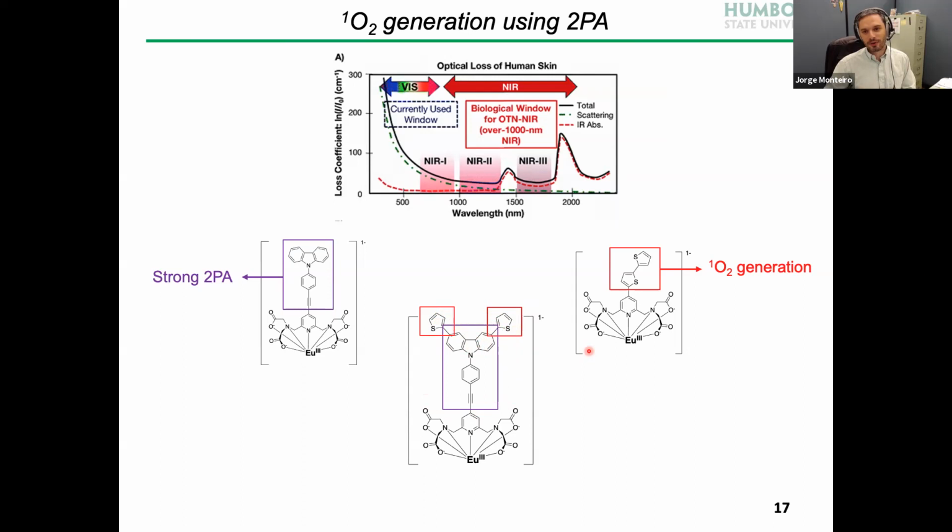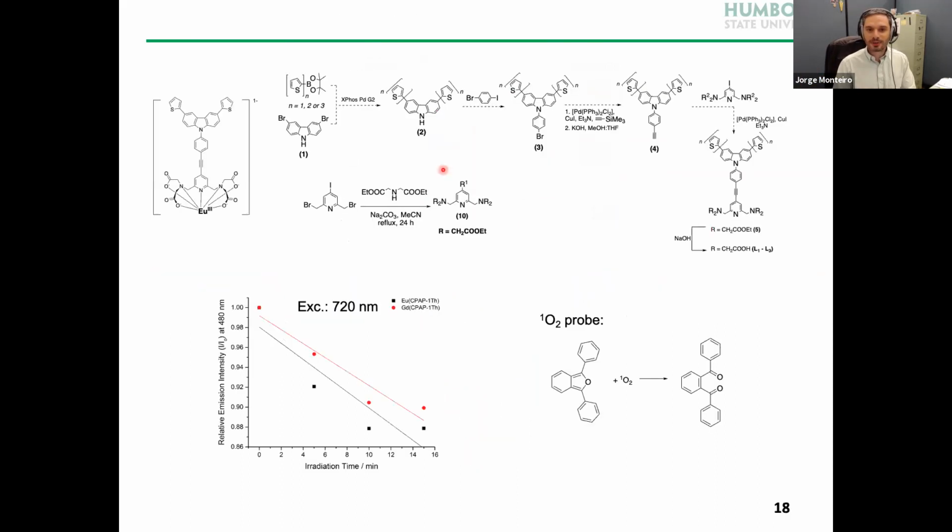So therefore, we still have luminescence, two-photon absorption, and singlet oxygen generation capabilities using excitation in the biological window. Okay, so this is quite a complex system to synthesize. Again, you plan the synthesis and see what happens.